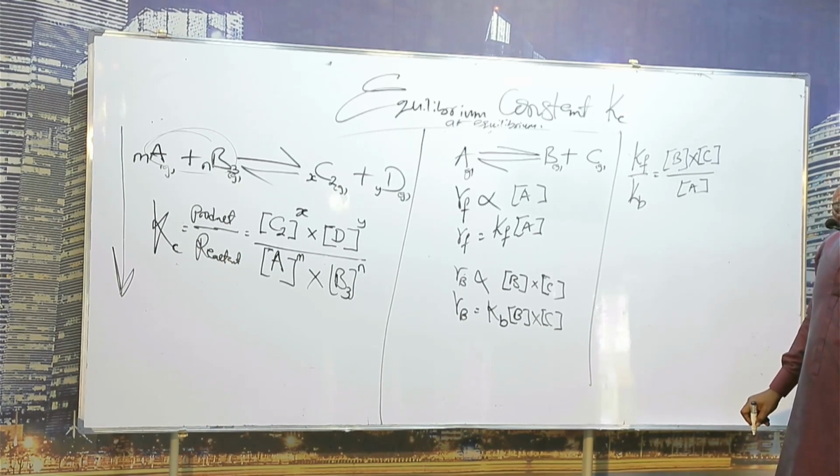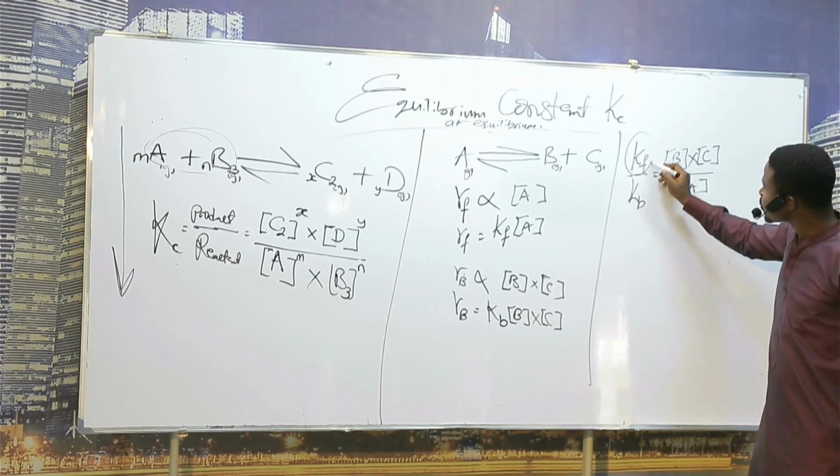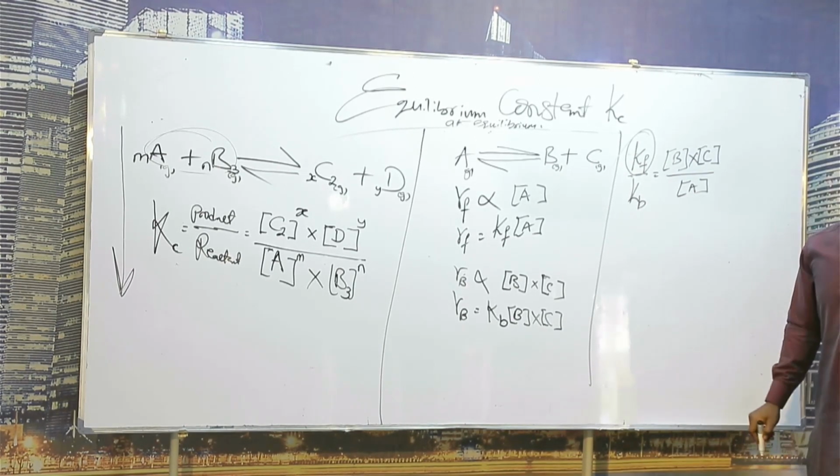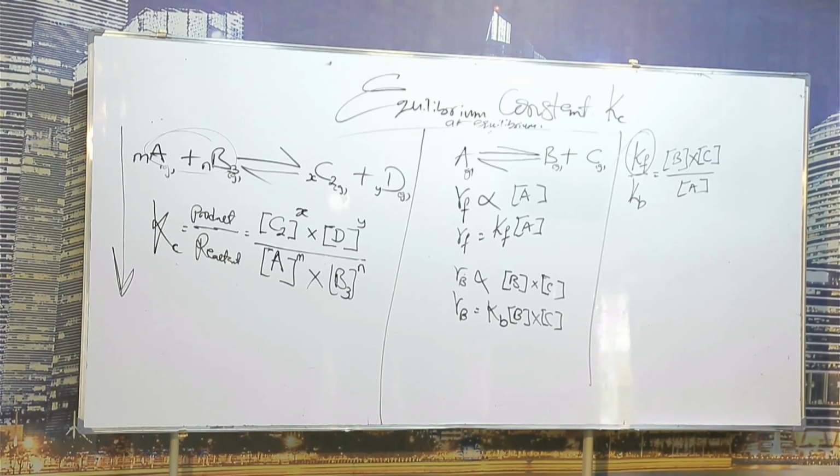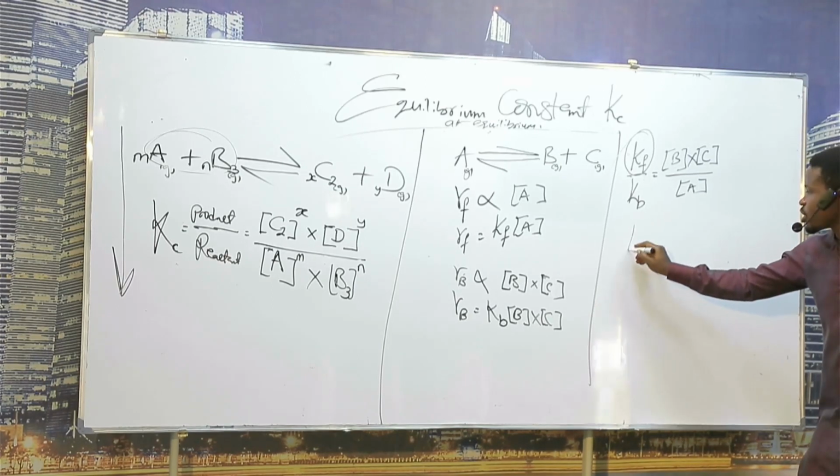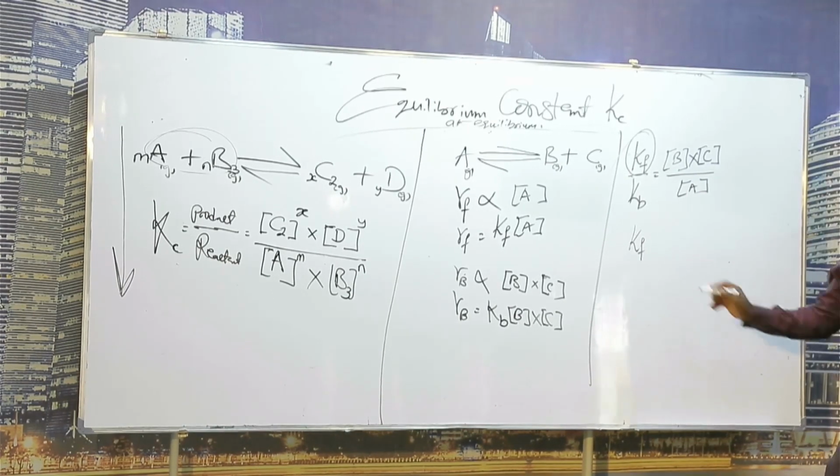Now, what I want you to do, give me the rate constant only for the forward reaction. Give me for the forward reaction alone. Do you know what I mean? Just give me the expression KF for the forward reaction.